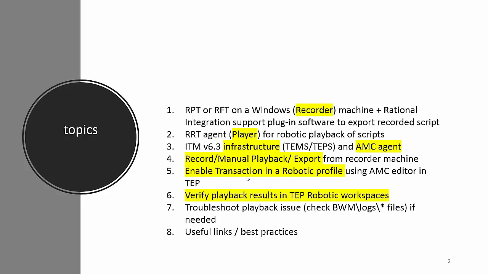And once you have set up this robotic profile, you distribute this profile to a robotic response time agent, and you verify later the playback results as seen in the TEP GUI under the robotic workspaces.